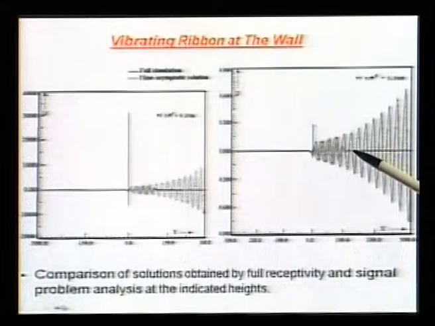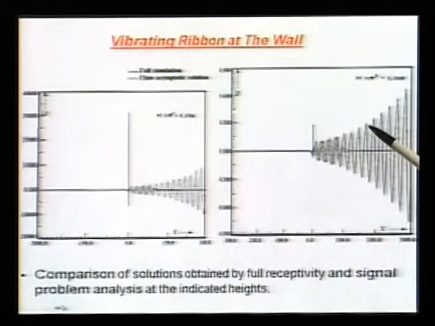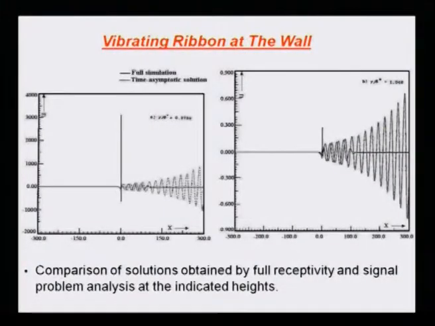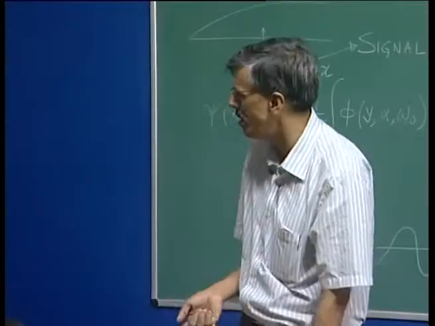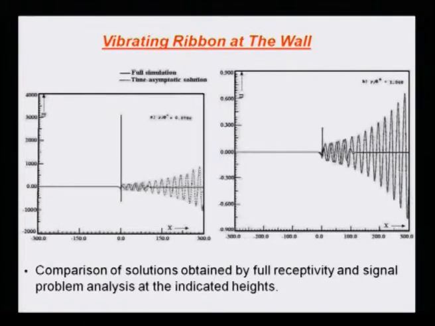But you can really see that this is what you have, and what you notice is that the signal problem indicated the combination for this case is exactly the same, R equal to 1000 and omega equal to 0.1. That solution and the full simulation solutions are identical, and that made us conclude that indeed in some instances the full simulation and the signal problem are just the same if we are looking at an unstable system.